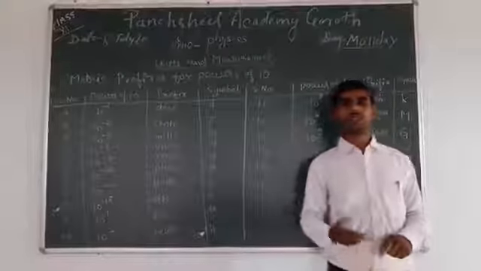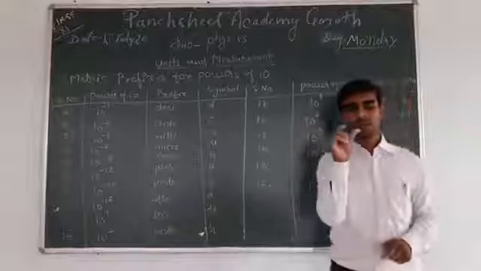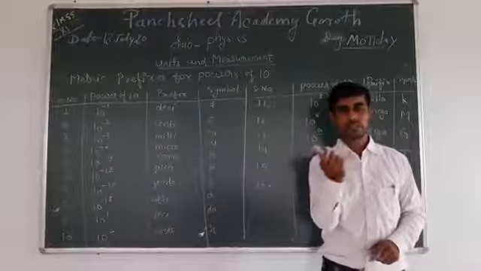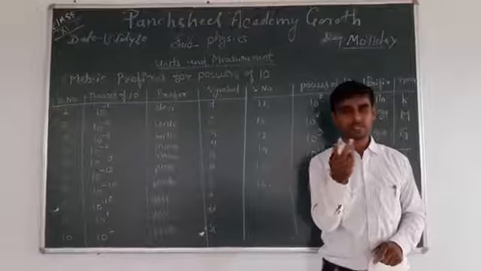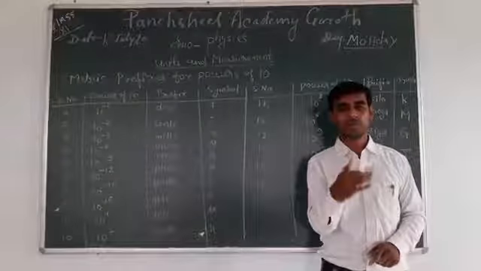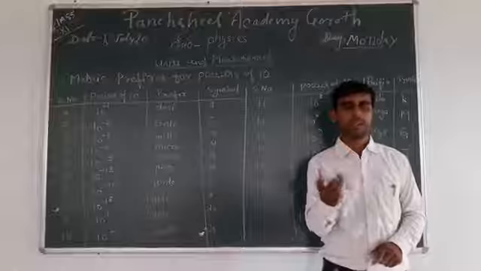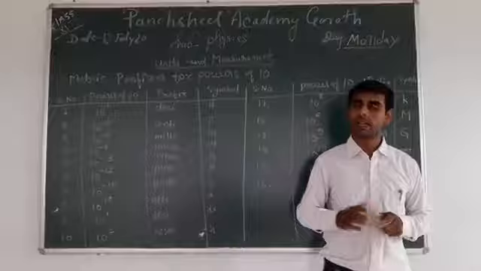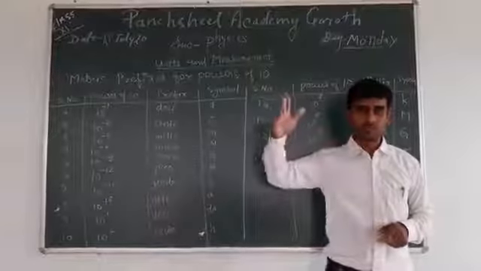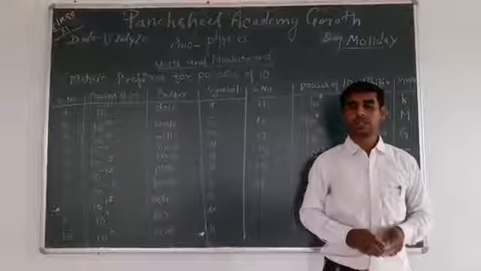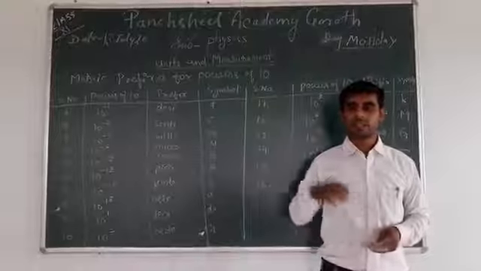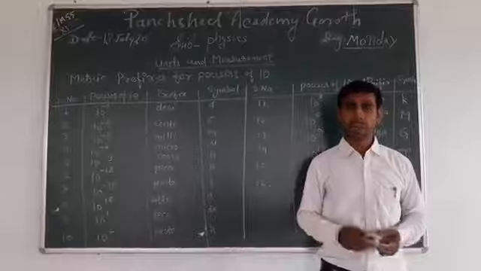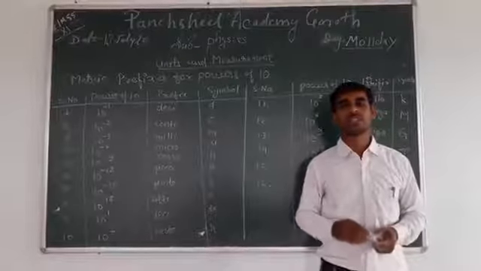Suppose we want to measure the diameter of a very thin wire, we can use a screw gauge and spherometer or any other instrument. Suppose we want to measure the distance of the moon from the sun or the distance between earth and any star, then what is the method used to measure this distance?